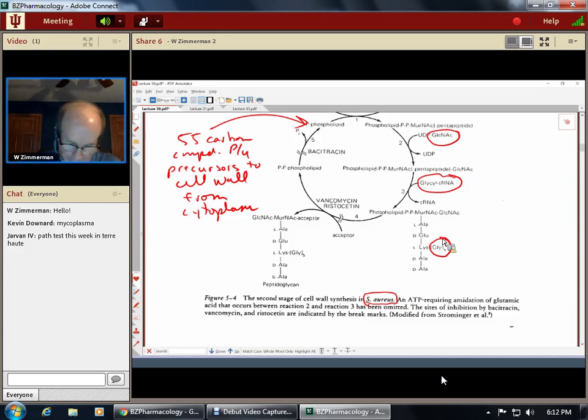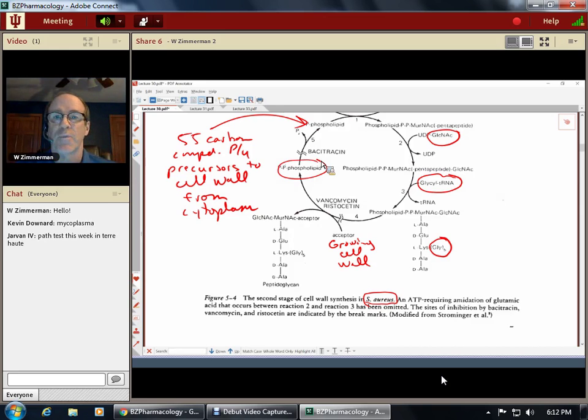And now it's going to need to be transferred to the acceptor, which is the growing cell wall. And that gets transferred. Then the phospholipid is freed again, but it needs to lose that phosphate group.